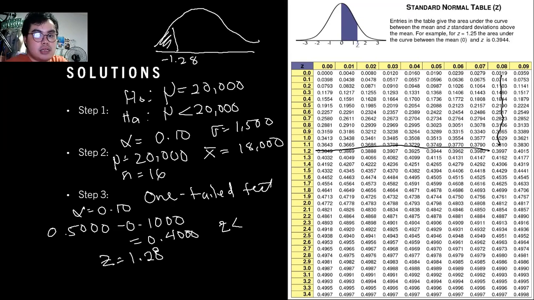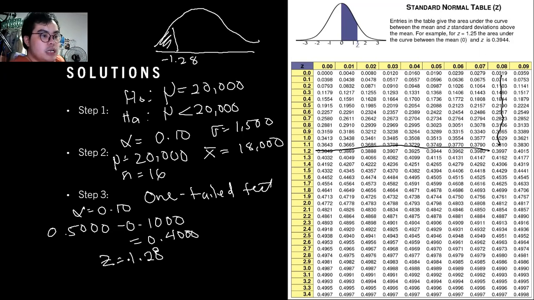Bakit less than siya? Kasi una sa lahat, bakit negative ang critical value natin? Kasi less than po siya. Kasi sa rejection regions, dalawa lang yan eh. So, kung ang critical value ay 1.28, ang possible rejection regions ay 1.28 or negative 1.28. So, yun yung possible critical values. Pero since less than siya, negative ang z-value natin.